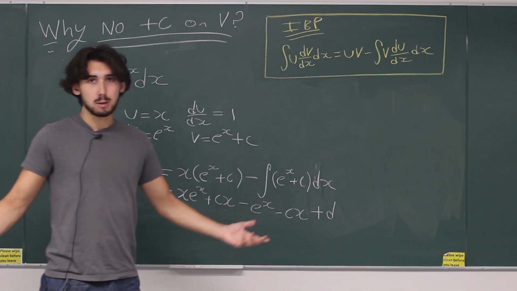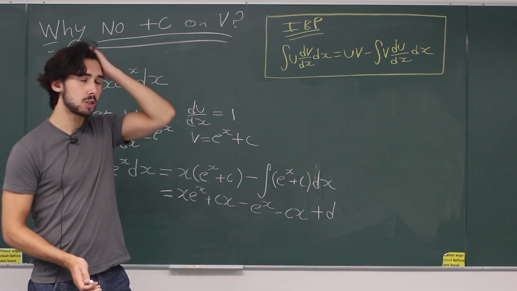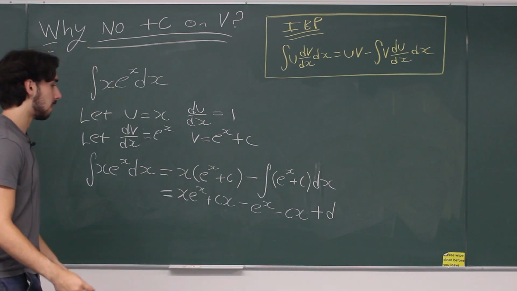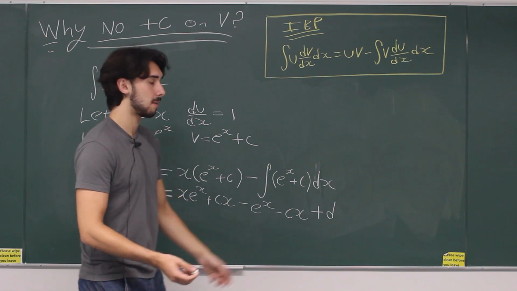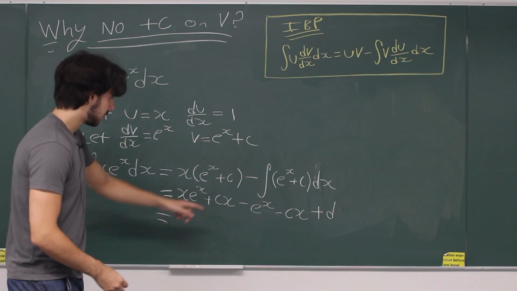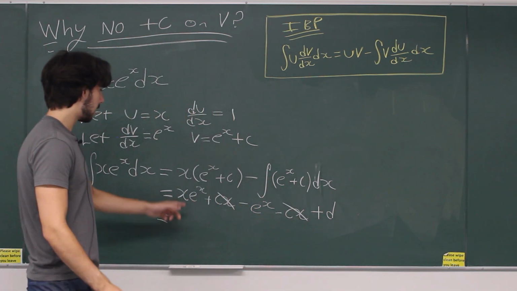It doesn't mean anything. It's another arbitrary constant of integration, okay? I just don't want to write plus c because there are already some c's lying around, but technically I could have. It's just that c and d aren't necessarily the same number. Anyway, look at what happens, guys. cx minus cx, goodbye, farewell. And then what do we have?